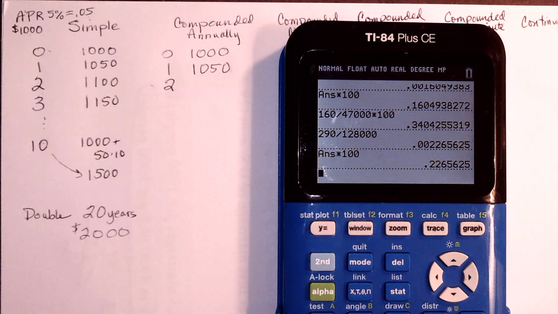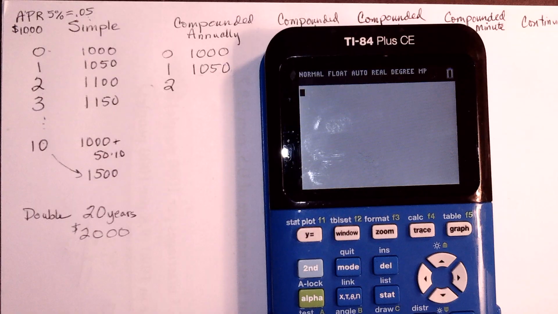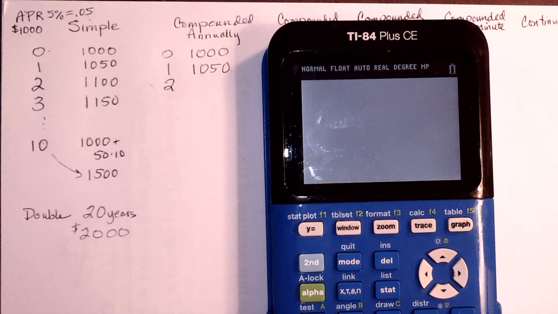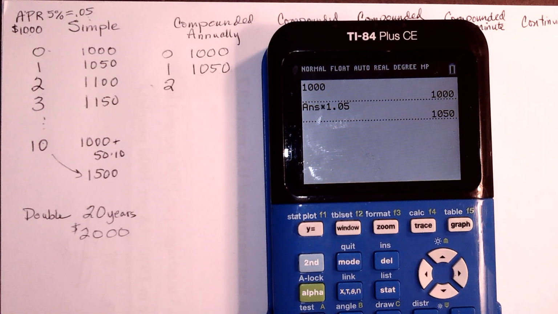Now, we talked about this earlier in this class, how we can do that in one simple step. So if I type in 1,000 into my calculator or my phone or whatever and press enter, and then say times 100% and 5% more, times 1.05, and press enter, after 1 year I get 1050.